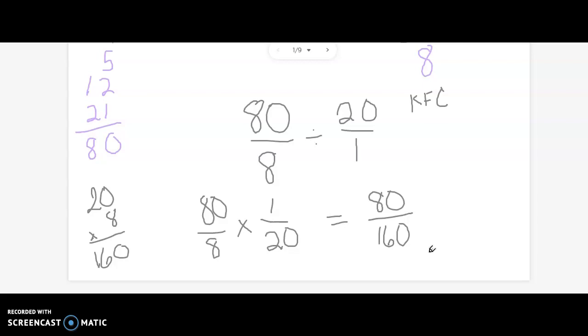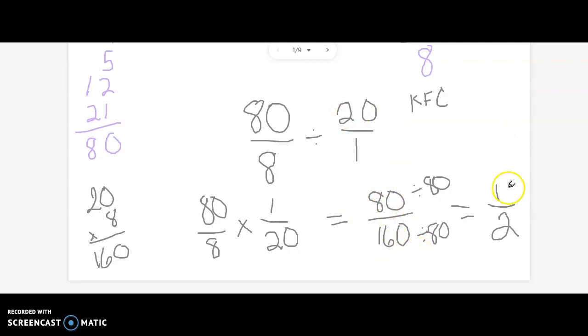Does 80 go into 160? Yeah, it does twice. So I'm going to divide 80 by 80 and 160 by 80. 80 divided by 80 is 1. 160 divided by 80 is 2. It's going to give me 1/2. That's an equivalent fraction to 80 over 160.